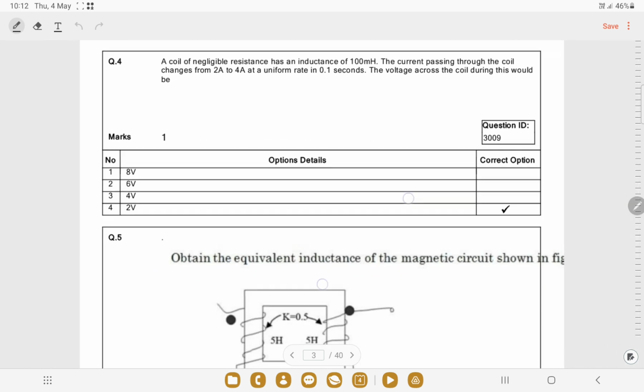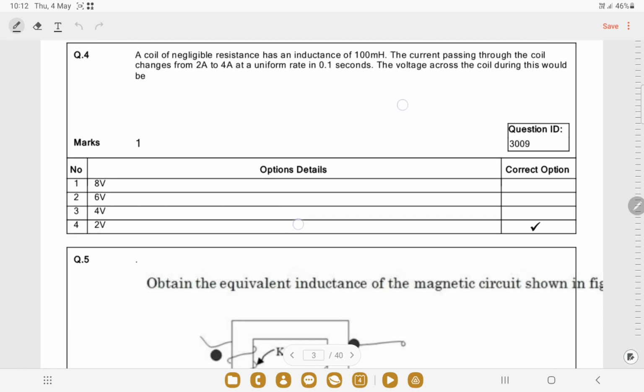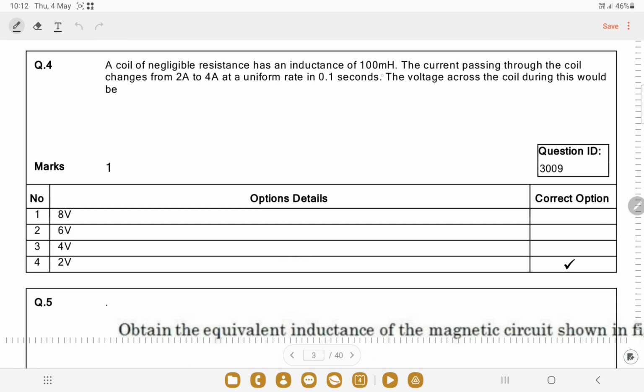Next question we have, it is given here a coil of negligible resistance has an inductance of 100 millihenry. The current passing through the coil changes from 2 ampere to 4 ampere. So change of current dI is from 2 ampere to 4 ampere. So dI will be of 2 ampere. Now at a uniform rate of 0.1 second.